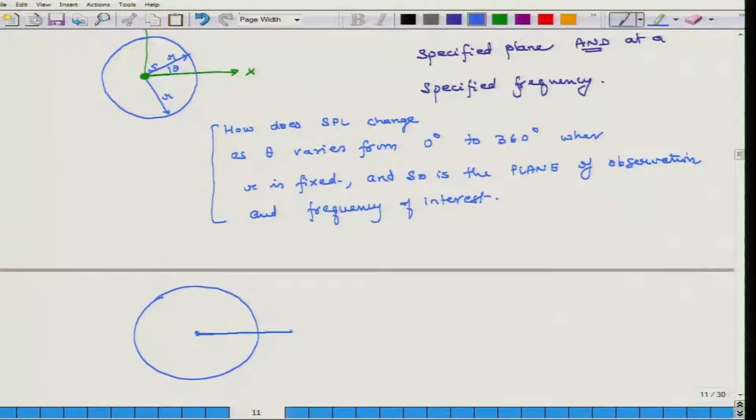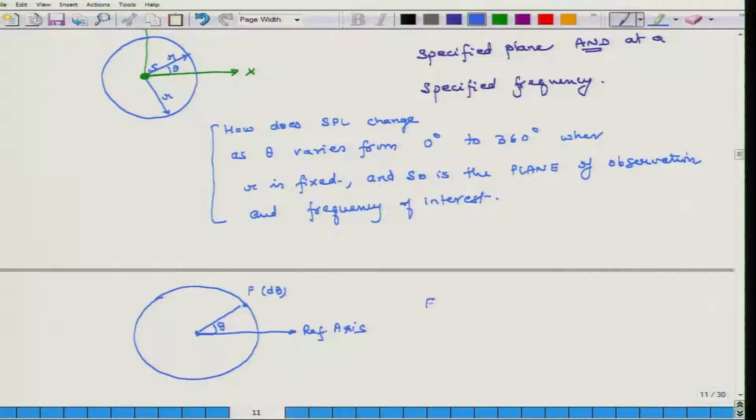This is my reference axis, and this point tells us the value of pressure in dB as theta changes.